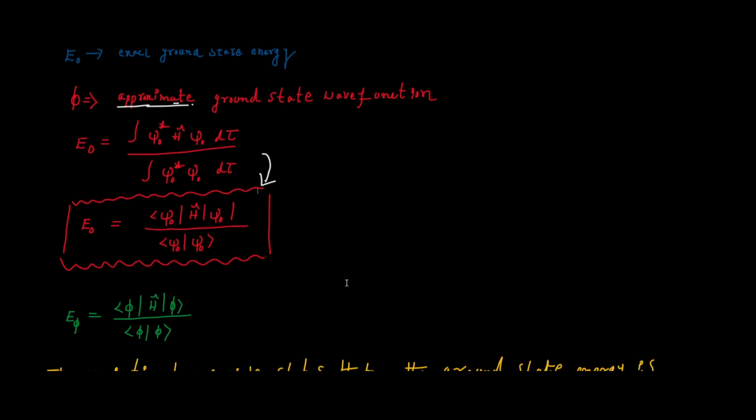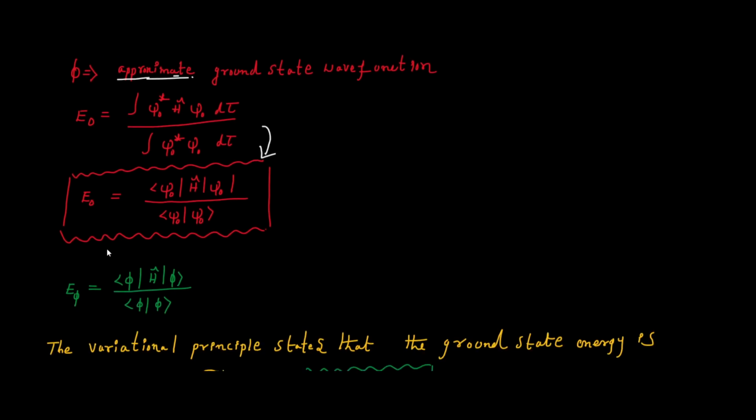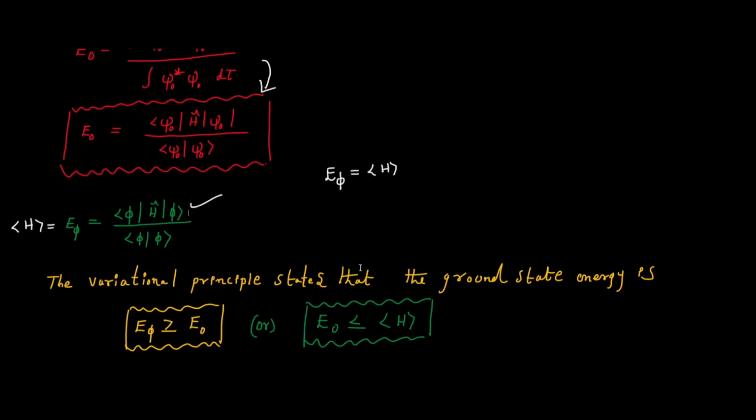So the expectation value of the Hamiltonian of the system, E phi, equals this one. The variation principle states that the ground state energy is always less than or equal to the expectation value of the Hamiltonian.